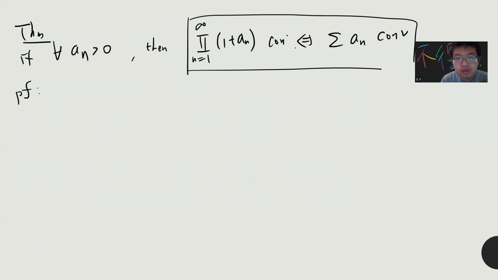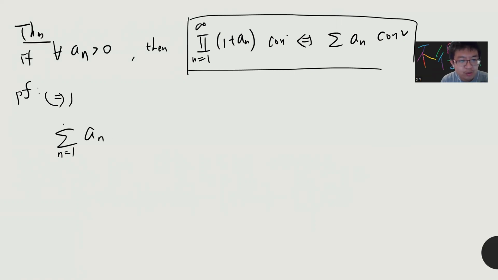What should we start with? This direction is a little bit difficult, so let's prove the other direction first. Obviously we can easily use partial sums.